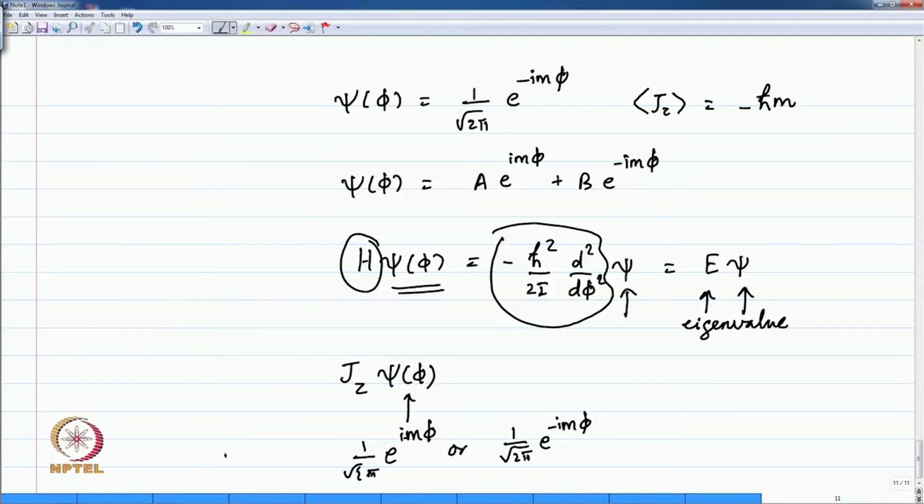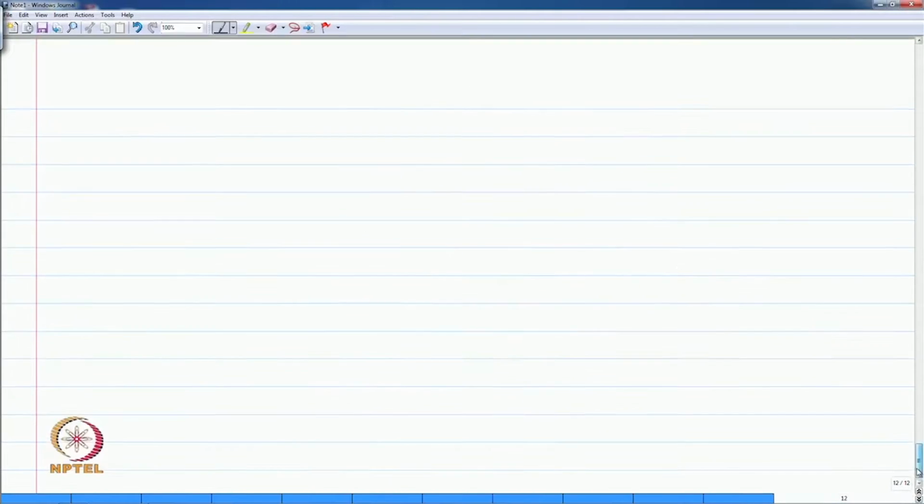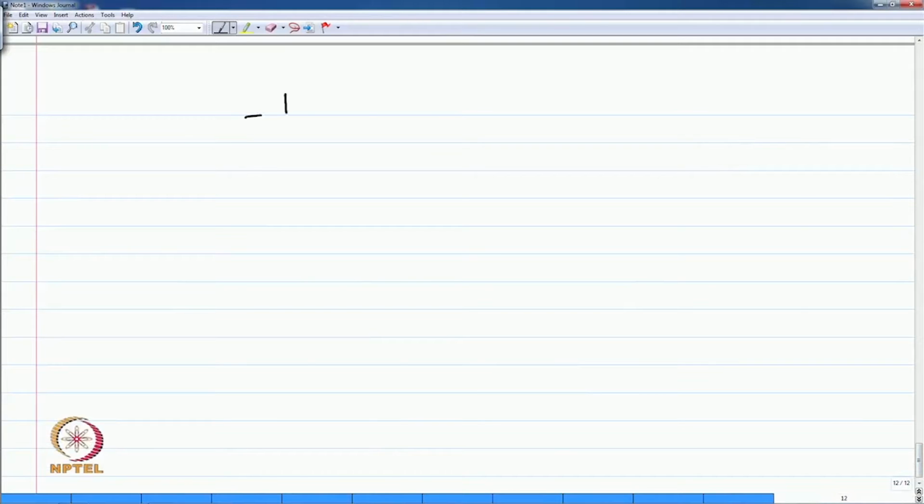If the wave function is either this or that, then you also see that the angular momentum Jz acting on psi of phi gives you that angular momentum value, which is, as you remember, minus I h bar d by d phi on 1 by root 2 pi exponential plus or minus I m phi. If I put that in, then what do you get?